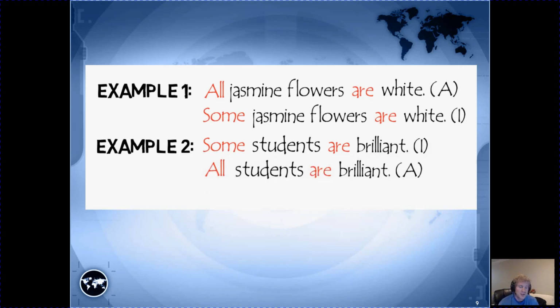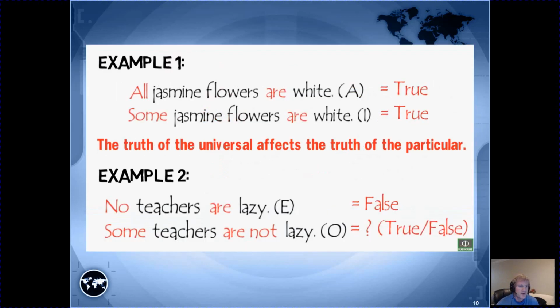Okay, so if we say, okay, all jasmine flowers are white, some jasmine flowers are white, then this could be both true. If we say, however, no teachers are lazy, and then we say some teachers are not lazy, okay, then that could be that one is false and the other one could be true or false.